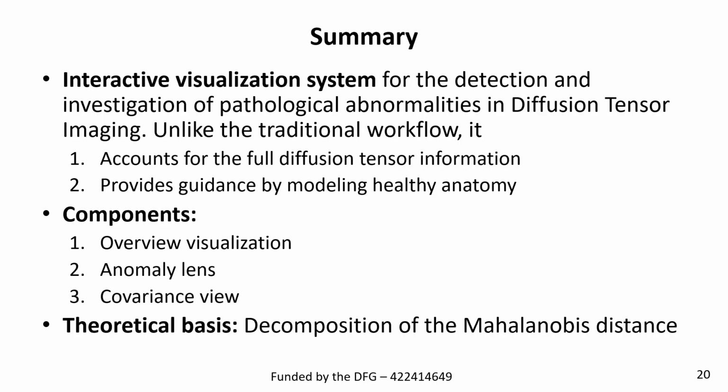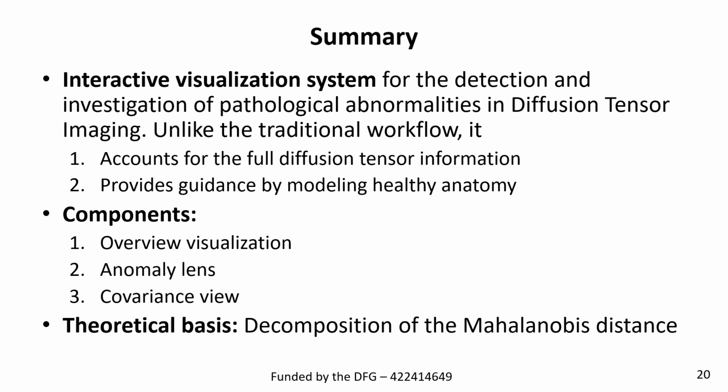In summary, we presented an interactive visualization system for the detection and investigation of pathological abnormalities in diffusion tensor imaging that accounts for the full tensor information and provides guidance that is not available in the traditional workflow. Our tool consists of an overview visualization, an anomaly lens that reveals which aspects of the diffusion tensor dominate the overall anomaly in a region of interest, and a covariance view that highlights unusual covariation.